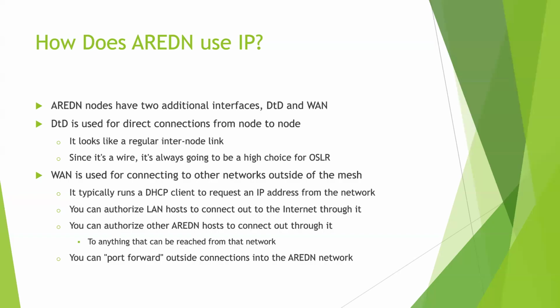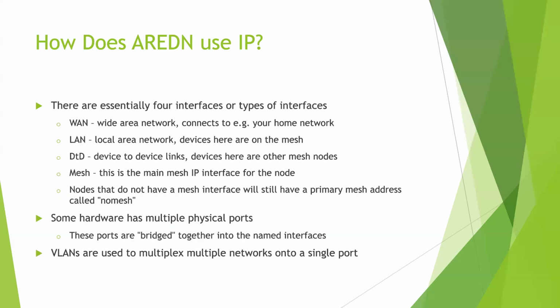So WAN is used. It will actually allow you to connect to internet stuff from the mesh if you let them, right? All right. So essentially, on a given node, there's four interfaces. Remember, we talked about the difference between interfaces and ports, and this is where the VLAN stuff comes into play, right?